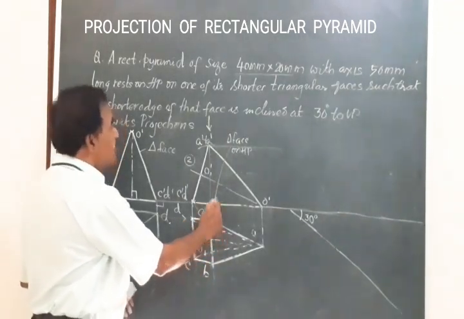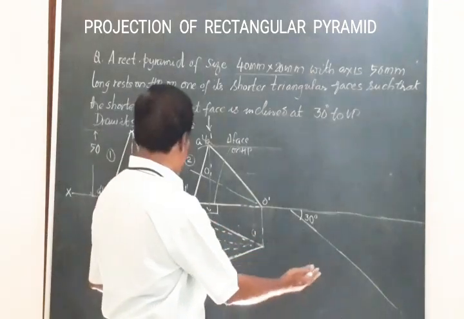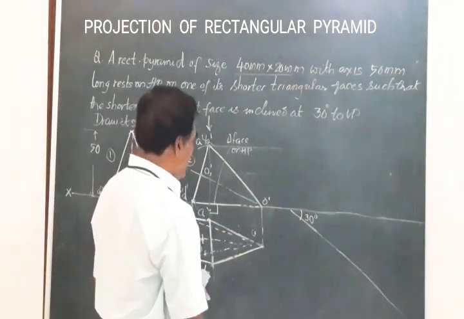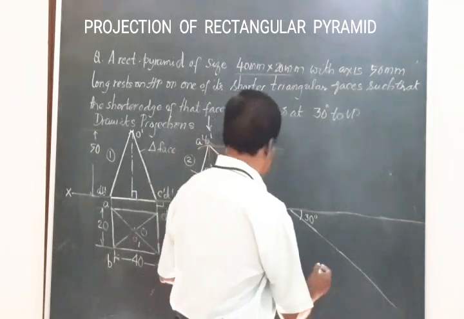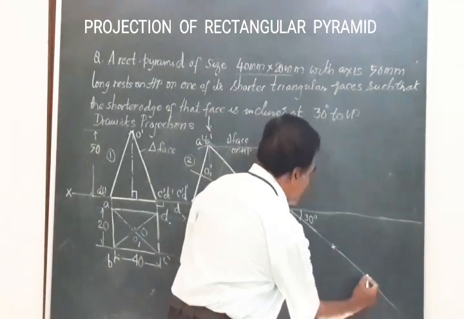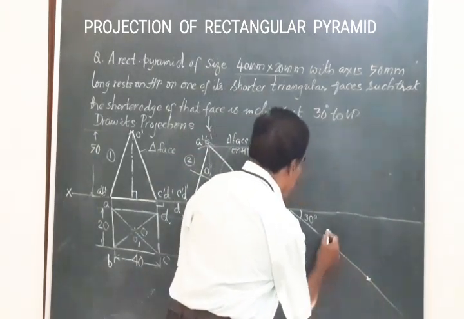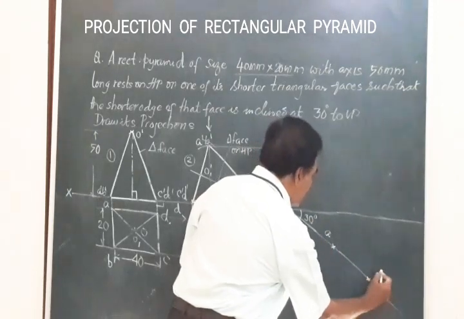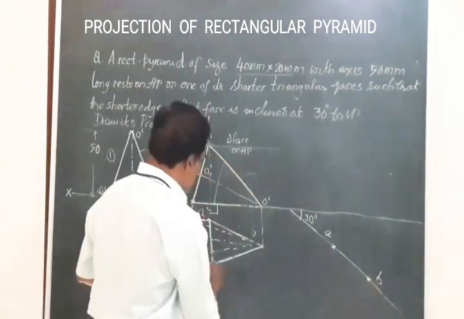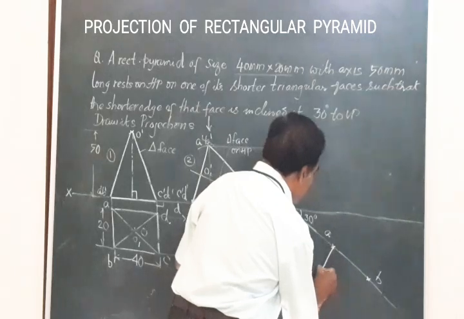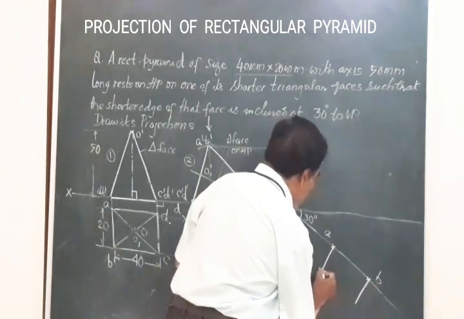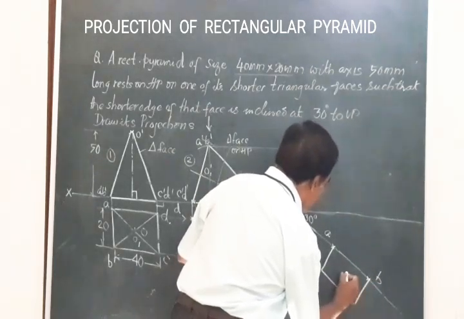Now it is perpendicular to VP, that has to be drawn at an angle of 30 degrees to VP. So I am going to mark here on this line that AB, anywhere on that line, AB, then perpendicular to this complete rectangle is to be drawn here. This rectangle, mark the center of that.